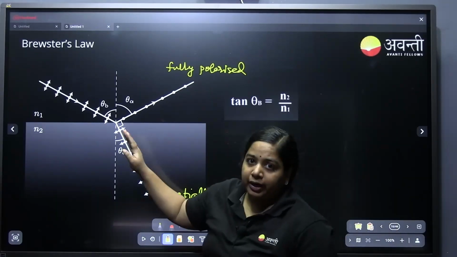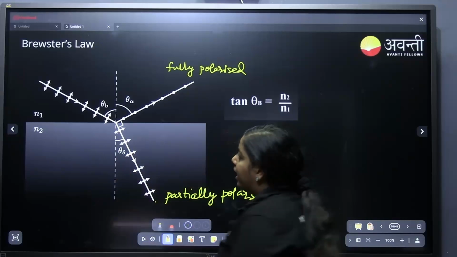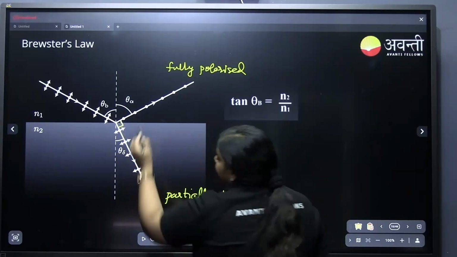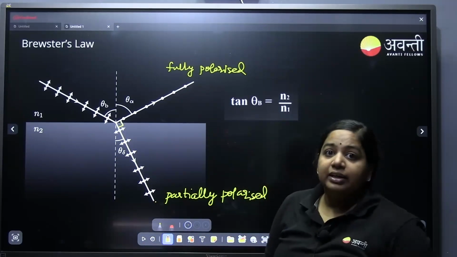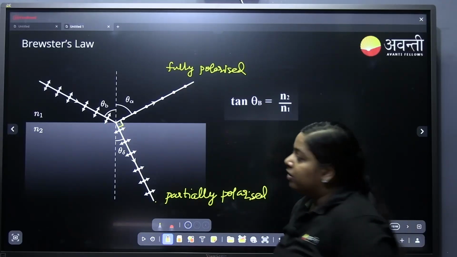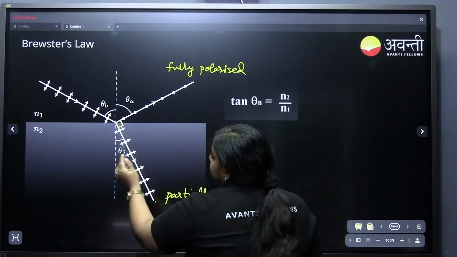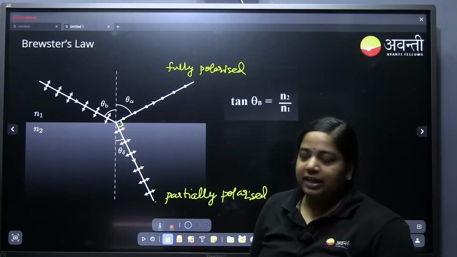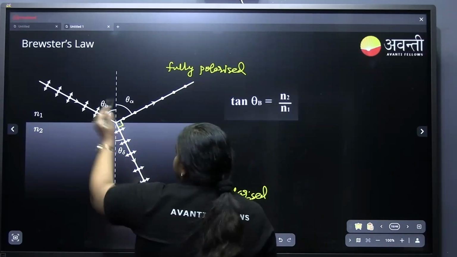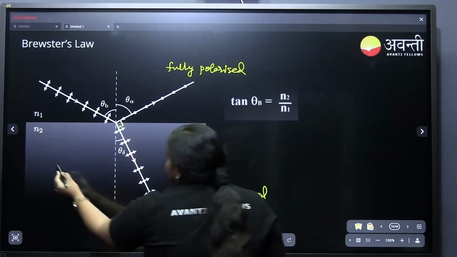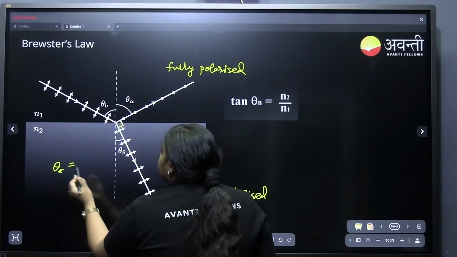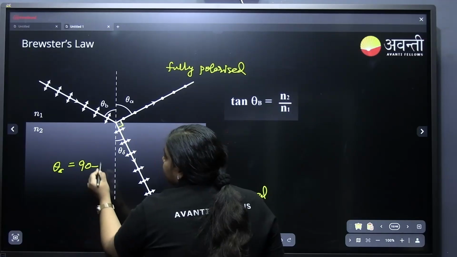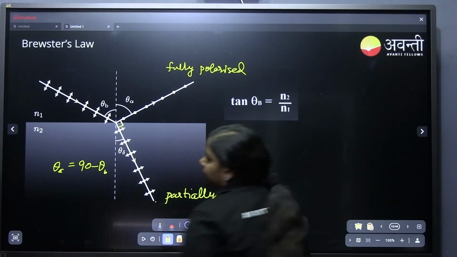And at that point, the angle between the reflected and refracted rays is 90 degrees, okay? So this angle is equal to 90 minus theta. Let's say theta b is Brewster's angle. The angle of refraction will be equal to 90 minus theta b.